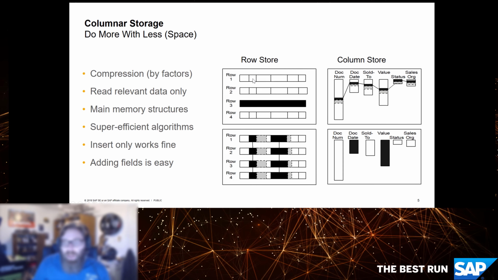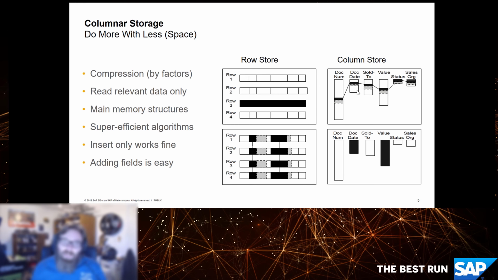In a row, if I don't have a value, I still have to store a null there, and I still have to take up the space that would be allocated to that column to keep the rows contiguous and to keep them the same size. I've got to store that. But if I'm storing by a column, I can leave those out. And the other thing is here, now all my same data types are stored together. So all the document dates are stored together, all the document numbers.